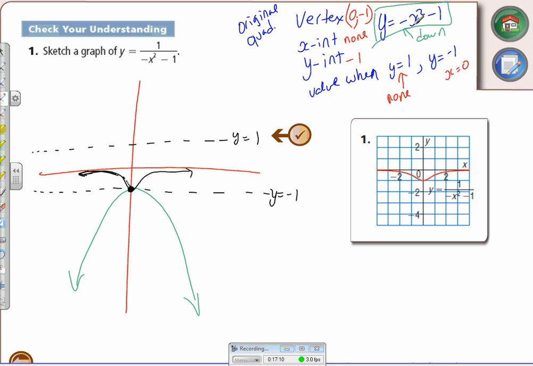And then the negative gives you -4, minus 1, -5. So at -2, it would have been -5. Take the reciprocal of that, -1/5, and plot the point. Do the same thing with some positive values. Plug them in, see what you get, and plot those points. And that might help out.